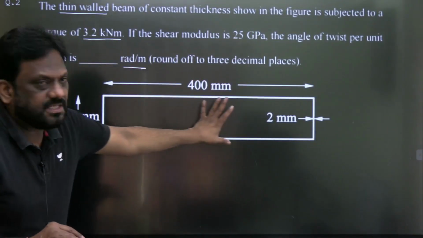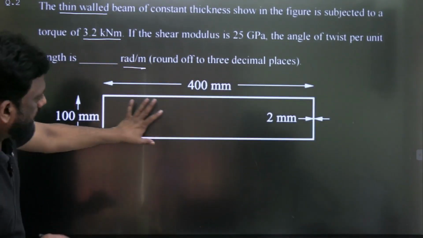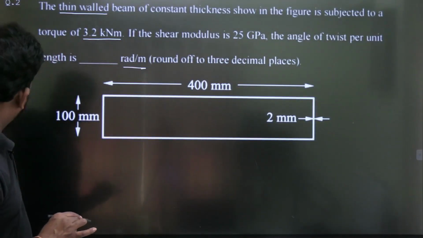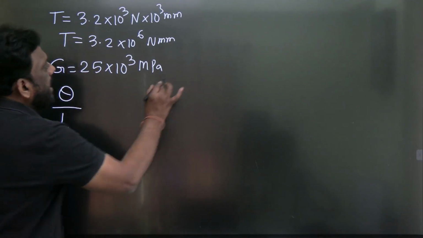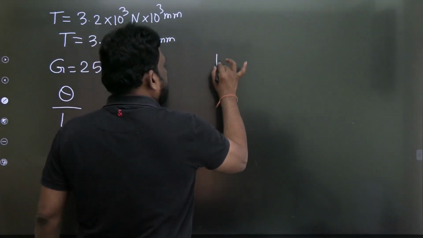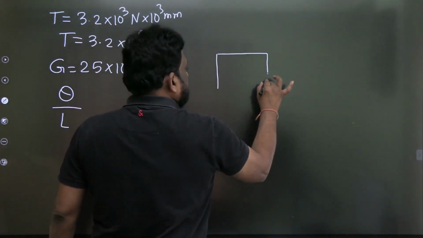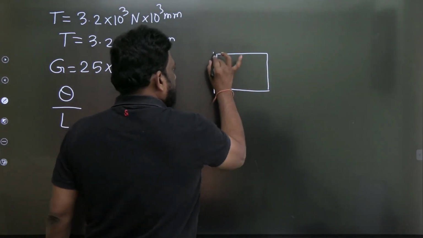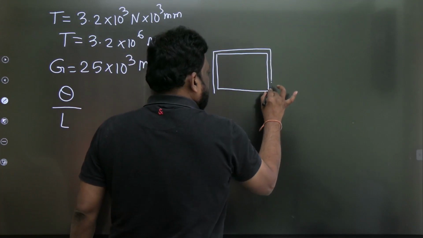This is the section given. Actually, let me draw the figure, 400, 100, 2. It is something like this. Let me show you very clearly.